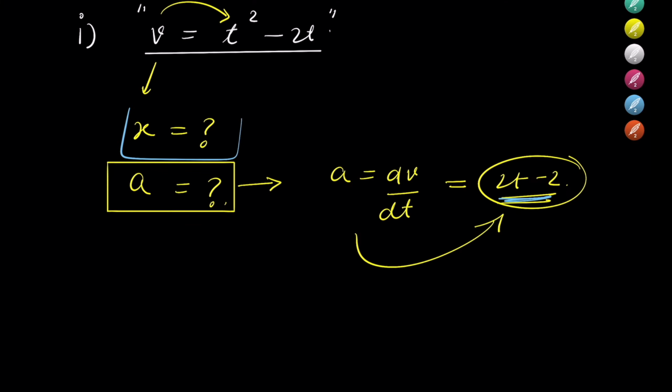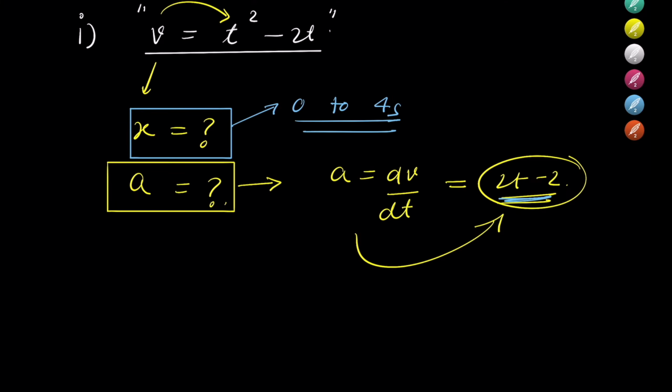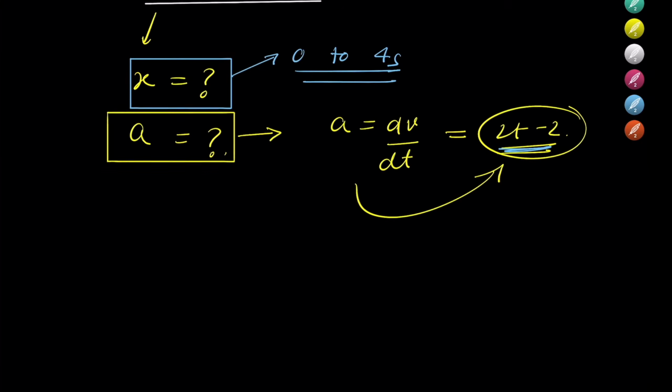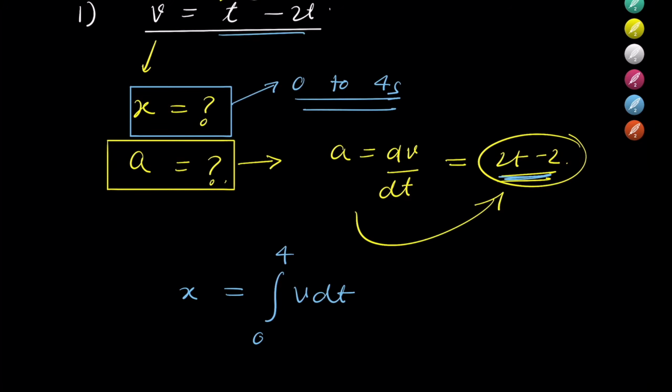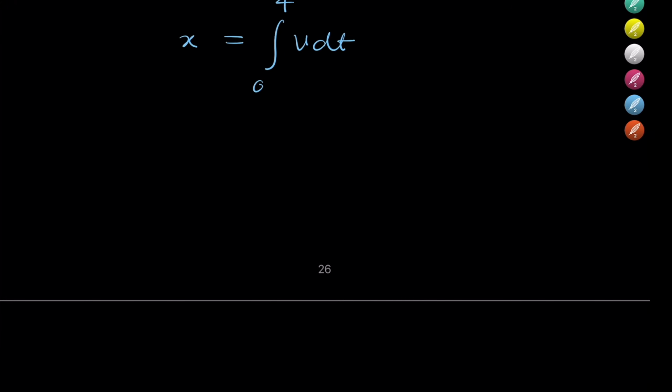Here, if they are asking displacement, let's say between 0 to 4 seconds, how much will the particle displace between 0 to 4 seconds? We know that displacement is given as the integral of v dt from 0 to 4. The velocity function is t square minus 2t, so the integral from 0 to 4 of (t square minus 2t) dt.